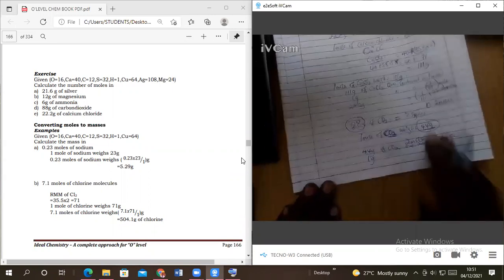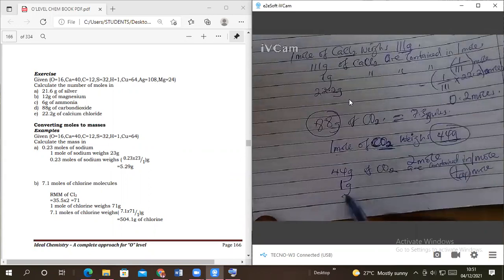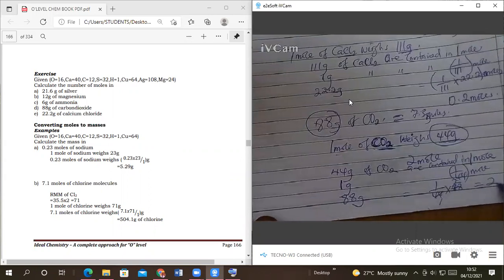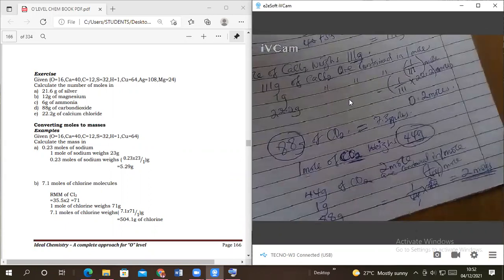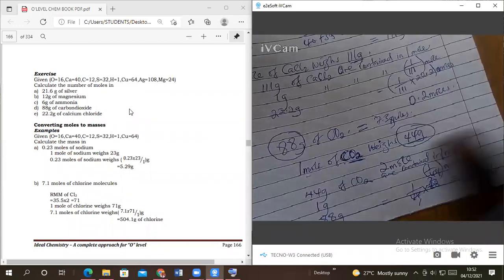What about 88 grams? This is equivalent to 1 out of 44 times 88. So this is 1, this is 2. So the answer is 2 moles. Is it clear now? Yes.